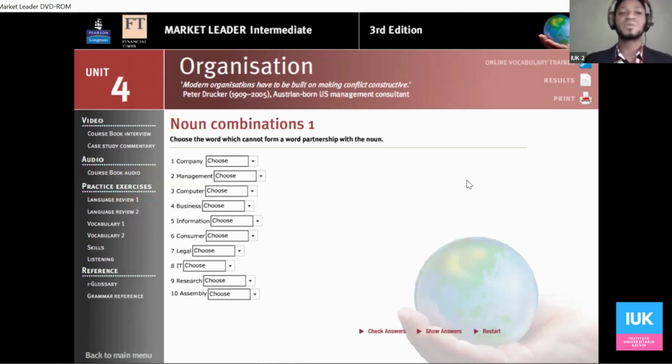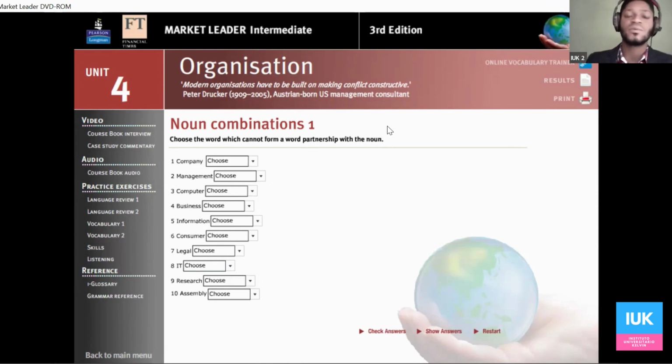First, we've got organization, noun combinations. Choose the word which cannot form a word partnership with the noun. In other words, collocations. Collocations are words that are typically used together to make reasonable sense.